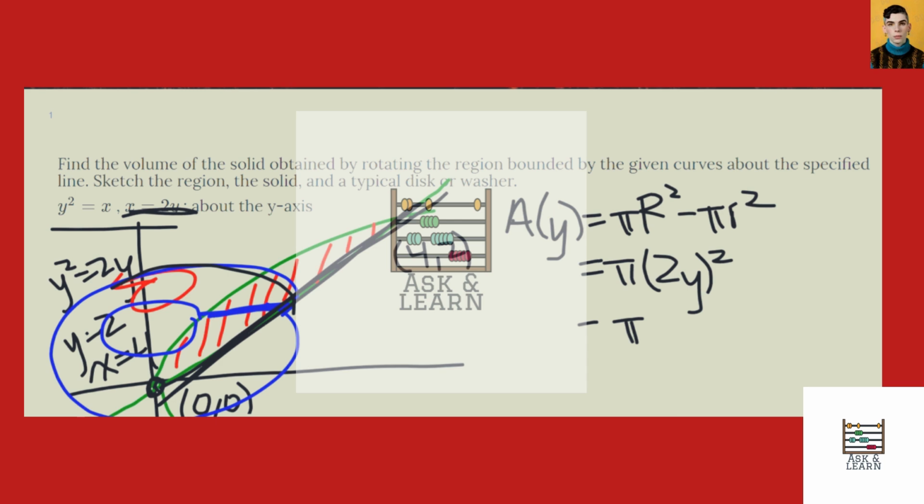And so therefore, the small r has to be just y squared. And if we finally simplify all of this, we get pi times 4y squared minus y to the fourth. And so that is our cross-sectional area function.